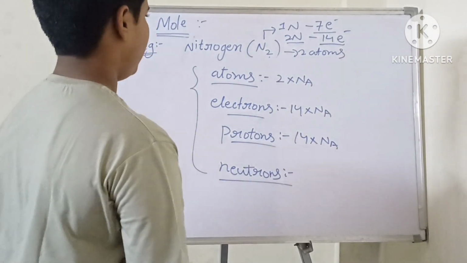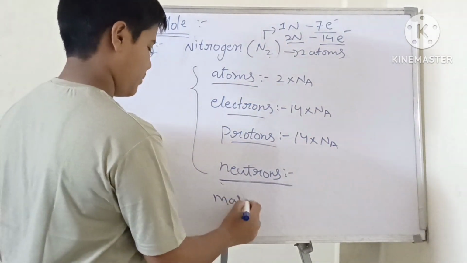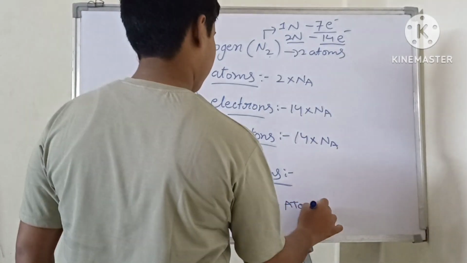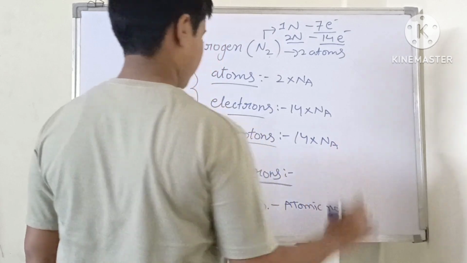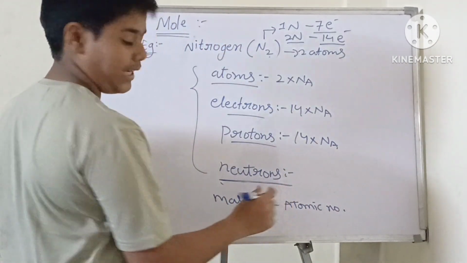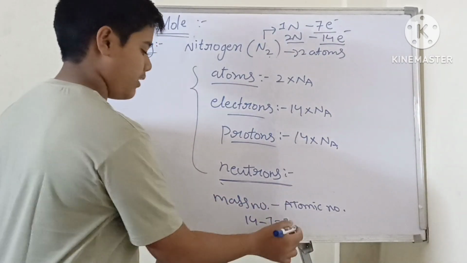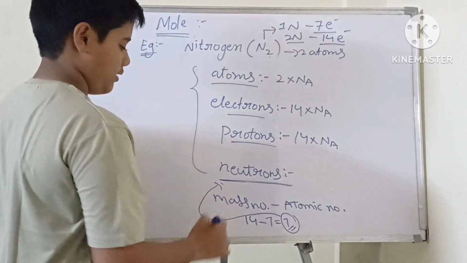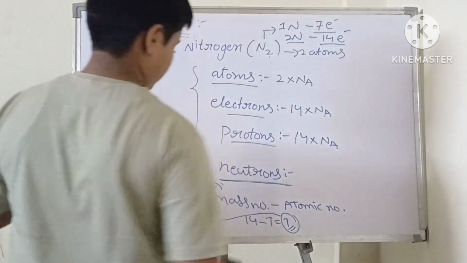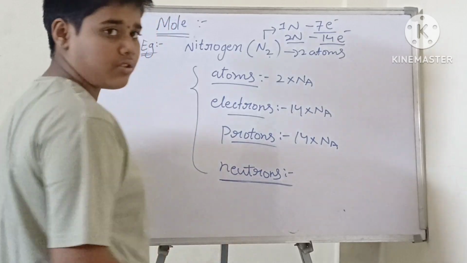And neutrons means mass number minus atomic number. The mass number of nitrogen is 14, minus atomic number 7. The remaining is 7, so 7 neutrons are there in one nitrogen.